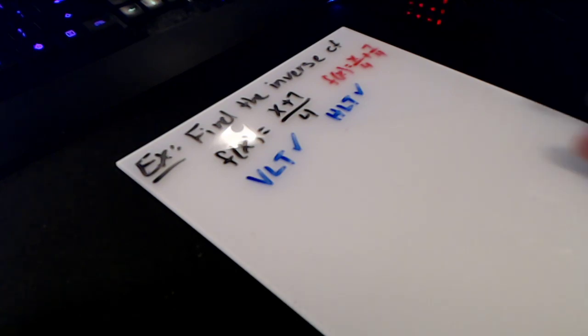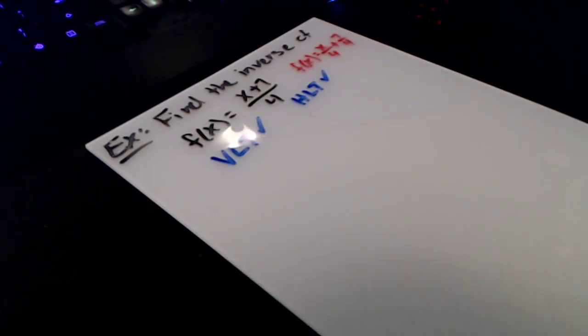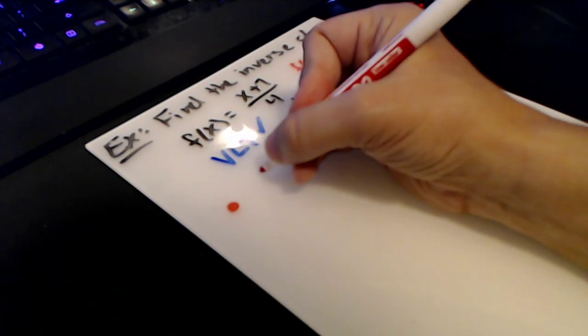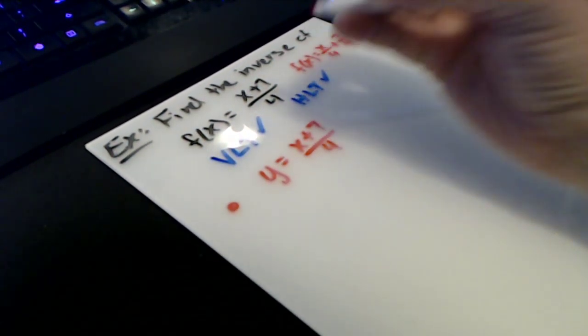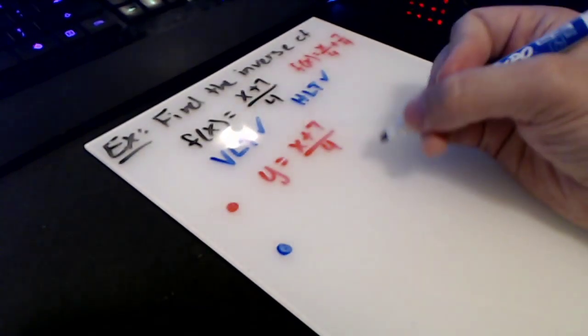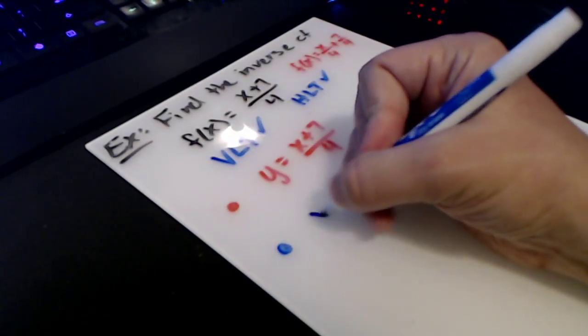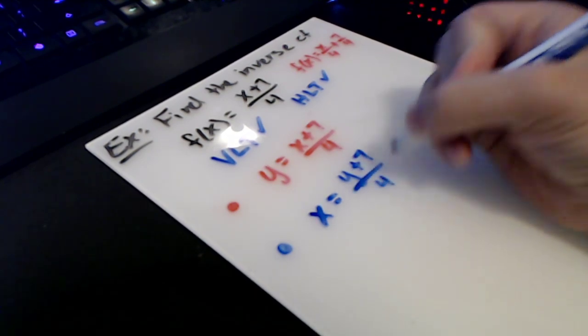Again, our first step is just like before. We're going to change f of x to y, so step 1 is y equals x plus 7 over 4. Then we need to swap our x and y, so we end up with x equals y plus 7 over 4.